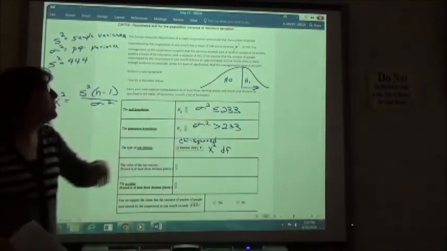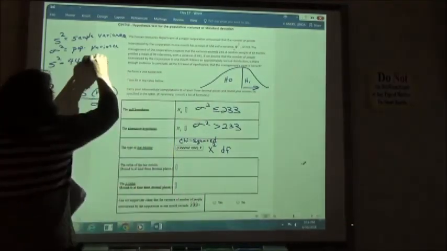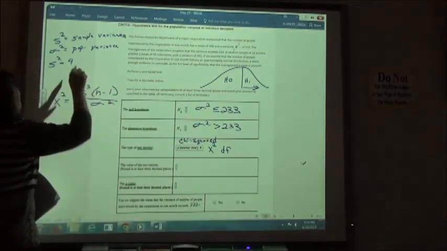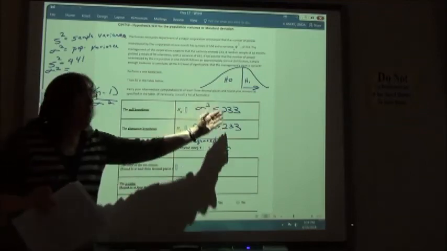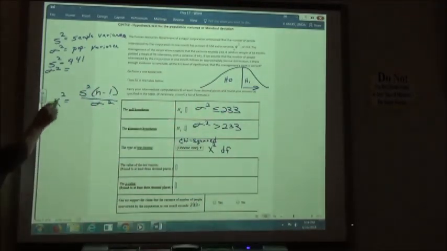Oh, I said 441 and I wrote 444, didn't I? That won't work very well. Let's fix that. 441. So my population variance, that other weird symbol, is going to be the one that you have in your problem. Just like on the regular mean. So it's going to be the 233.